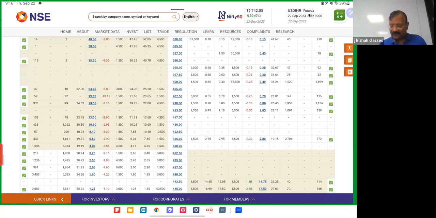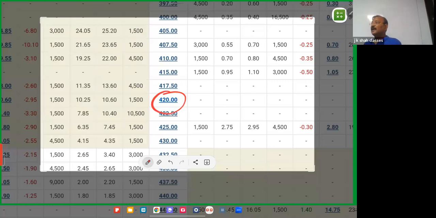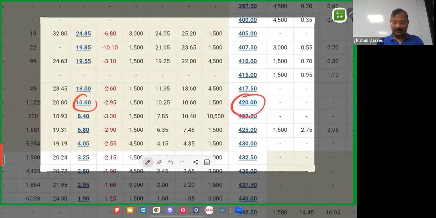Now if you look at the strike price 420, right to buy at 420, in the money or out of the money? In the money, to the extent of intrinsic value, how much? 8. So the premium must be 8 plus something. 10.6. But right to buy at 440, in the money or out of the money? Then there will be no intrinsic value, only time value, right?